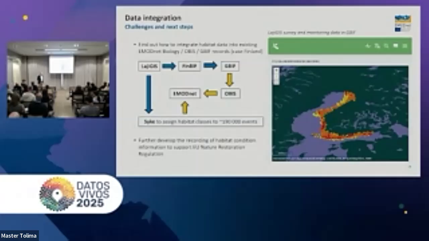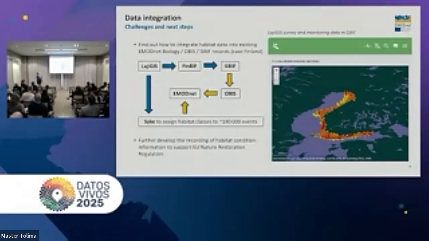This is currently going from the Parks and Wildlife Finland database, Laji.fi, laji meaning species in Finnish, to FinBIF and to GBIF. And we are working with FinBIF to solve some minor data formatting issues to be able to bring it to EMODnet and OBIS as well.